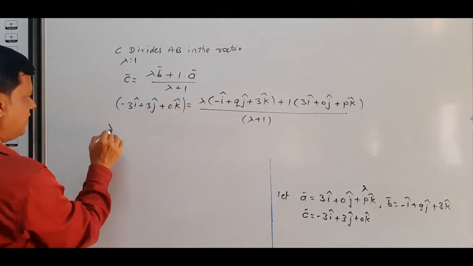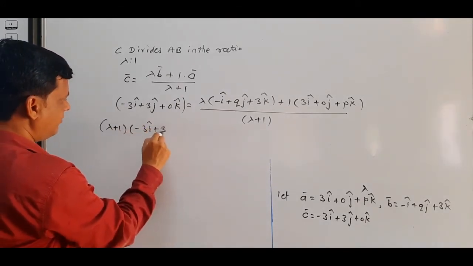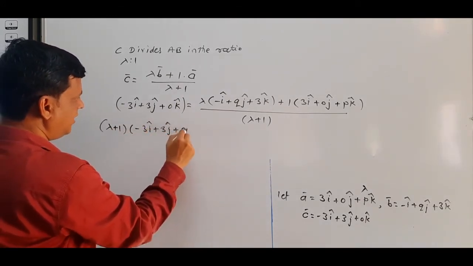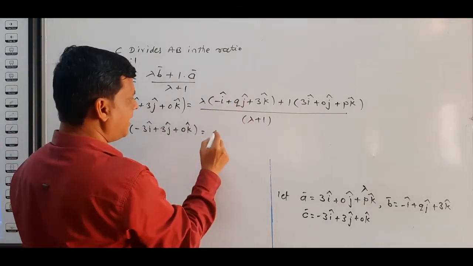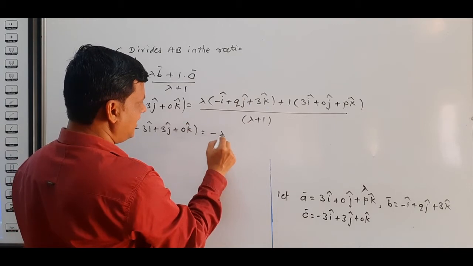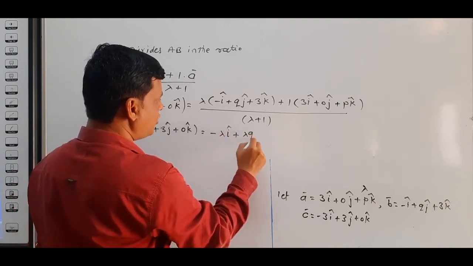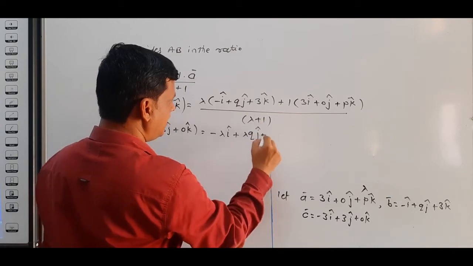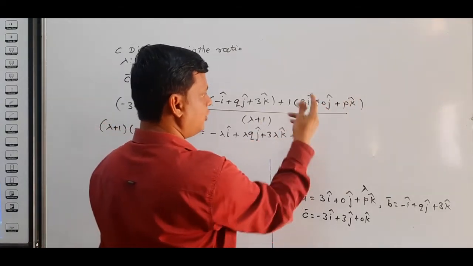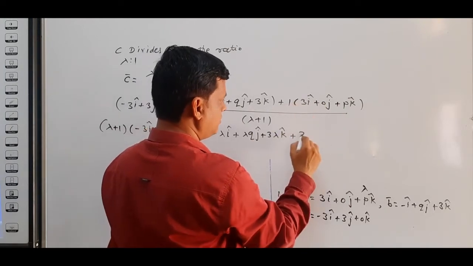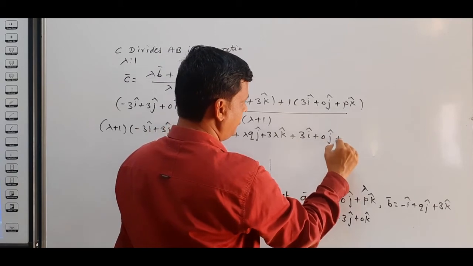So we write (lambda + 1)(-3i + 3j + 0k) equals. Multiplying by lambda we get -lambda i + lambda q j + 3 lambda k, plus we remove this bracket because we are multiplying by 1, so 3i + 0j + pk.